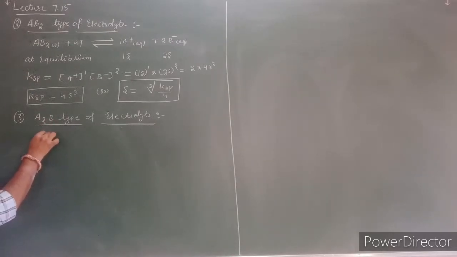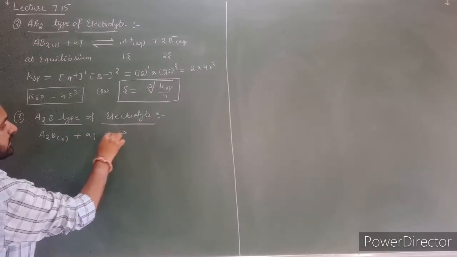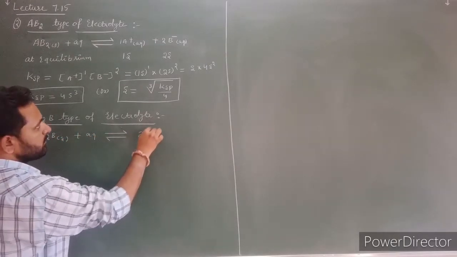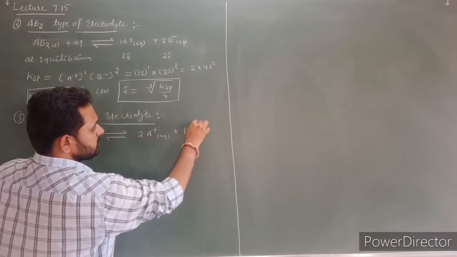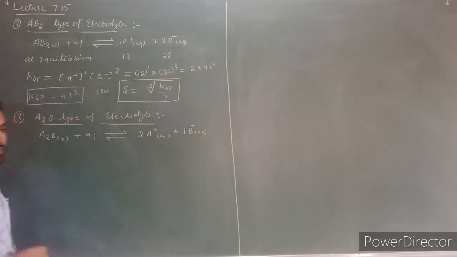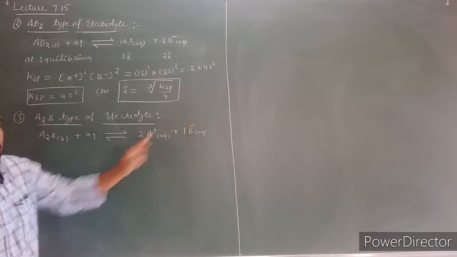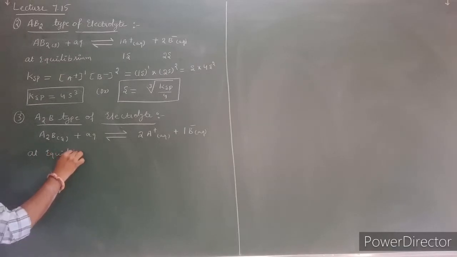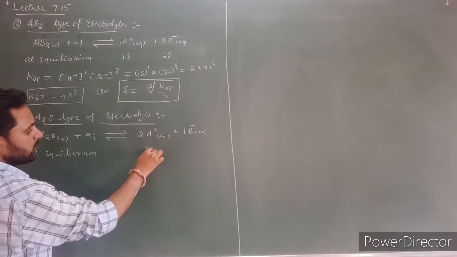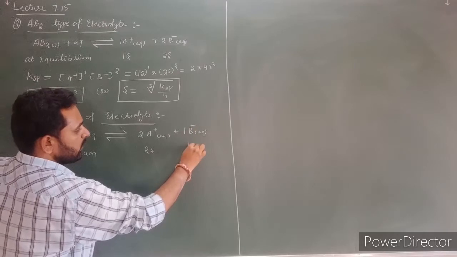When A2B type of electrolyte is dissolved in water, it dissociates into 2 moles of A plus ions and 1 mole of B minus ions. Now let us write solubility for A plus ions and B minus ions at equilibrium state. At equilibrium, the solubility of 2 moles of A plus ion is equal to 2s. The solubility of 1 mole of B minus ion is equal to 1s.